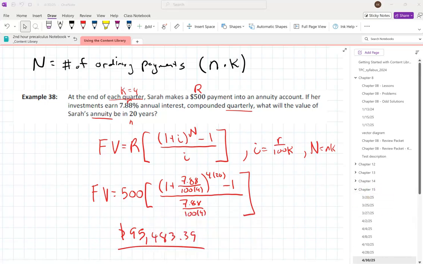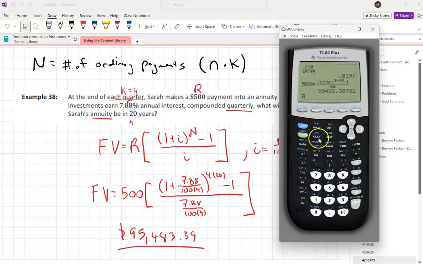That ain't bad. Let's say Sarah was a little younger, though, when she started doing this. And say she was able to do this for 50 years instead of 20 years. Look what happened. Oh, I made a mistake.